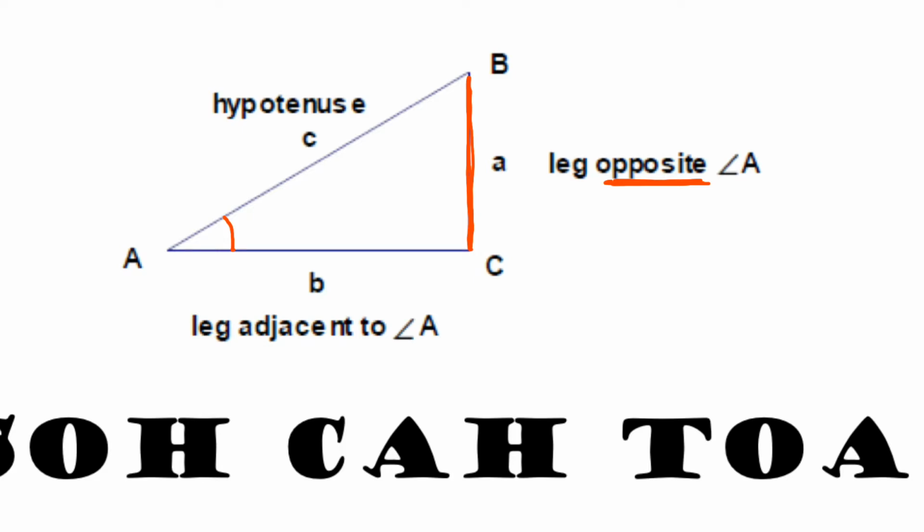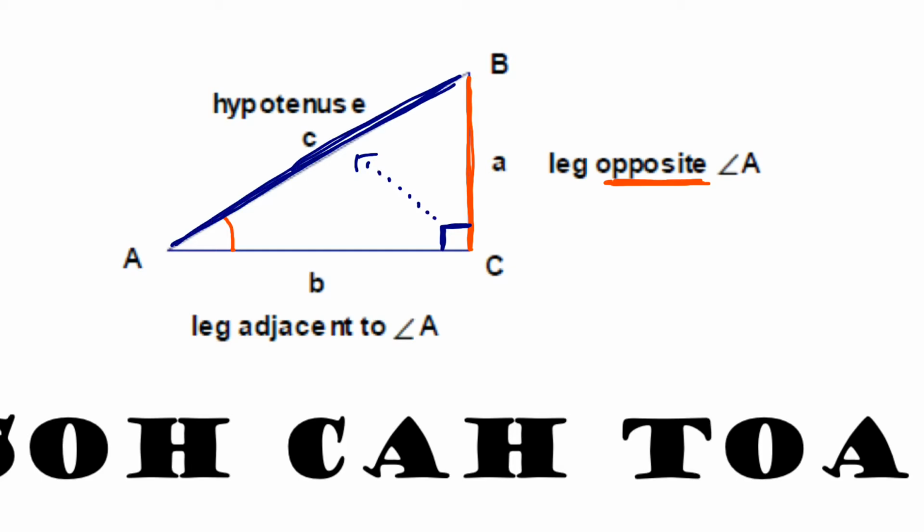Then if I mark the right angle in this right triangle, across from the right angle will always be the longest side of the right triangle, or the hypotenuse. I'm darkening that in blue.